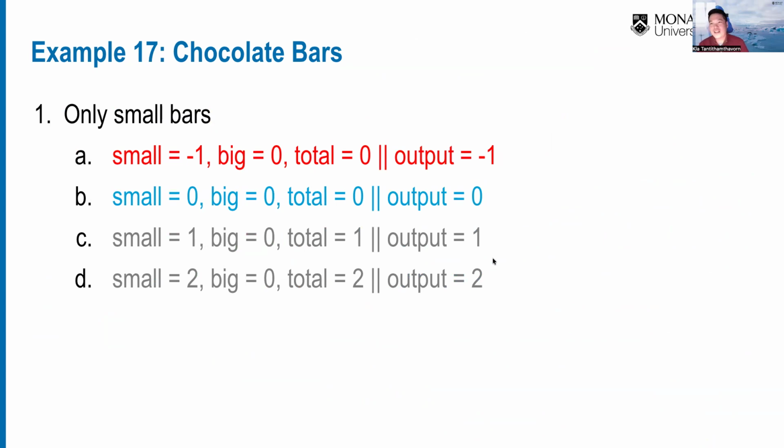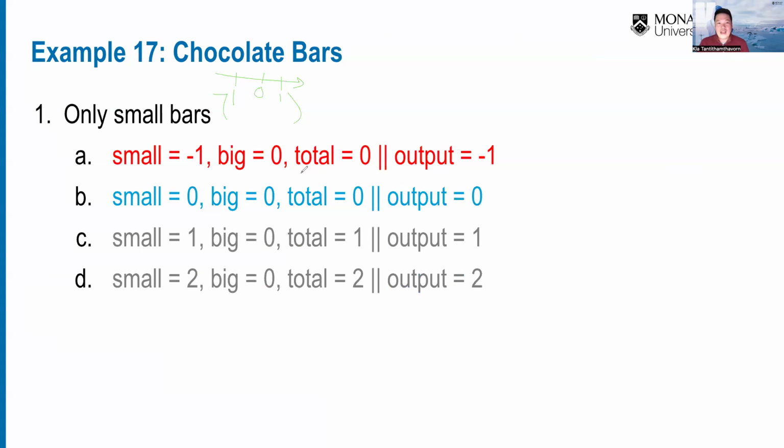Here is a better example. Let's say we want to test the small bar only. As I told you, the input range for the small bar is whether we have one bar, or no chocolates, no small bar at all, or -1.